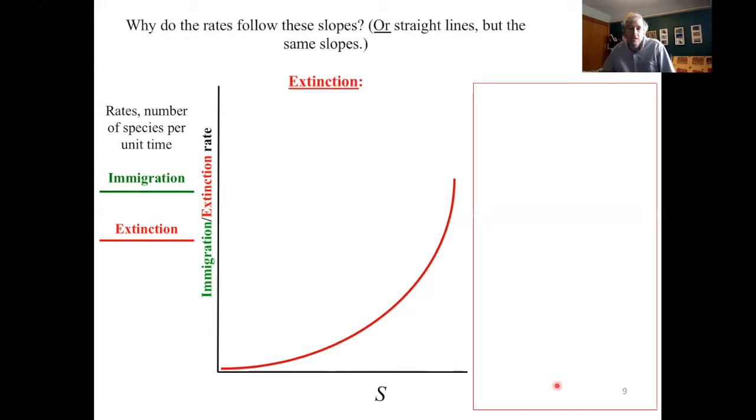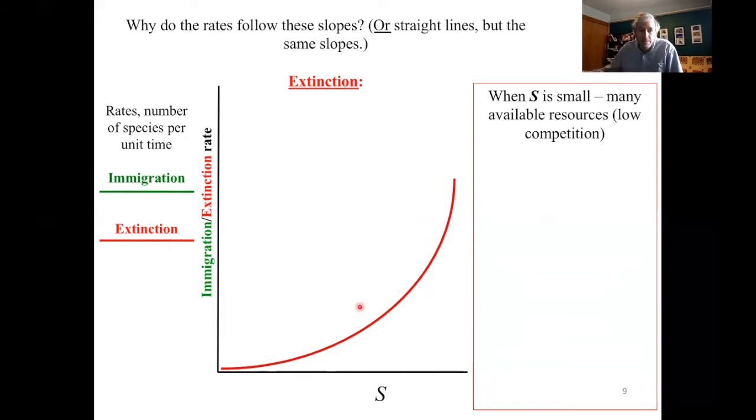So let's go through these functions one at a time. So why do the rates follow these slopes or straight lines, but the same slopes? So let's think first about extinction. So on the x-axis, we have our rates of species richness going from low species richness to high. And on the y-axis, we're focusing on the red, which in this case, this line represents extinction.